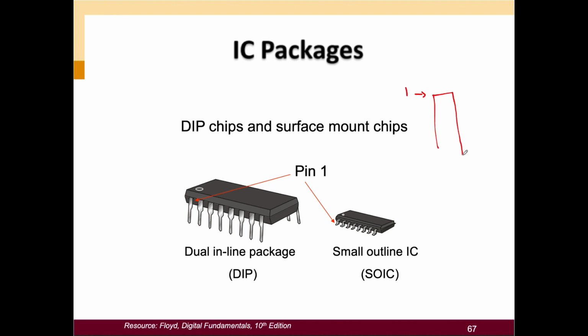So if you have this kind of pin, let's say 1, 2, 3, 4, I give an example only, okay? So your numbering will start on the top left of your chip. It shows over here, left and the upper side.